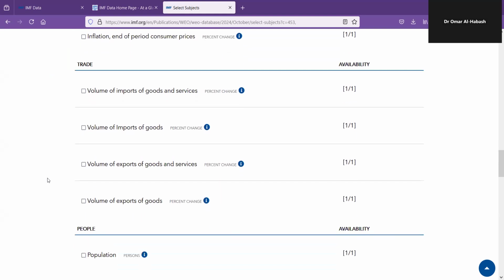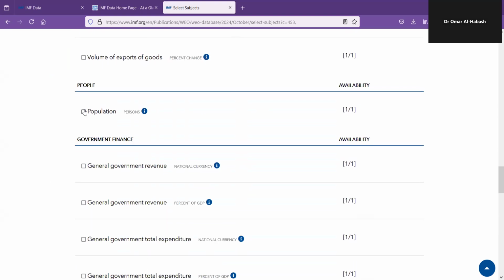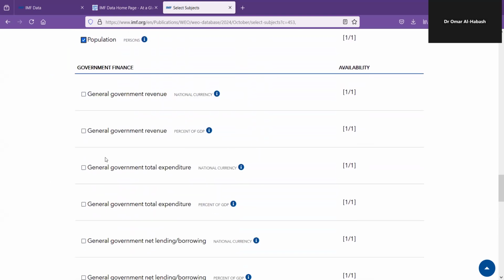In terms of trade, let's look at percentage change, volume of exports of goods and services. We have population, which is essential.